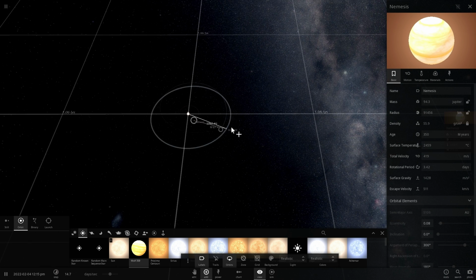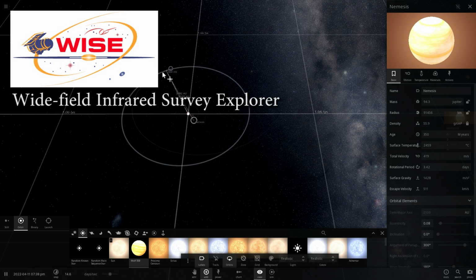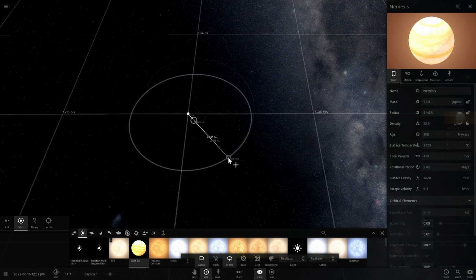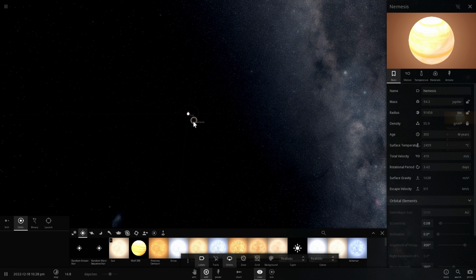So this analysis, called WISE, determined that there was nothing, no other gas giants, no other large but dark stars, and specifically brown dwarfs, and we haven't really found this so-called Nemesis. So Nemesis theory was unfortunately proven wrong.